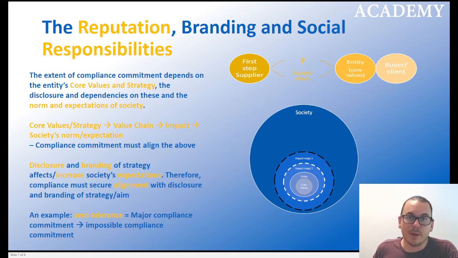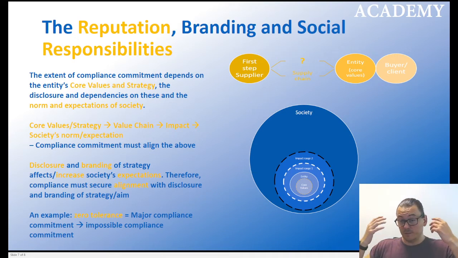Of course, branding, disclosure of your branding can have a large impact too. So there's also something about your own behavior, because of course, one thing is that a principle might be in your strategy or your core values that you have on your website, like trying to broadcast it.